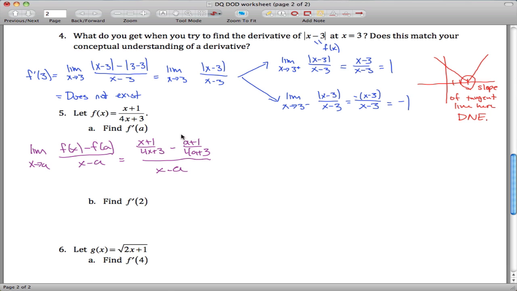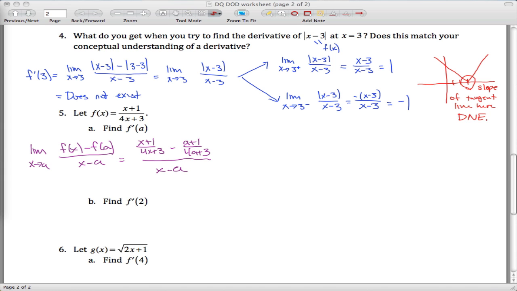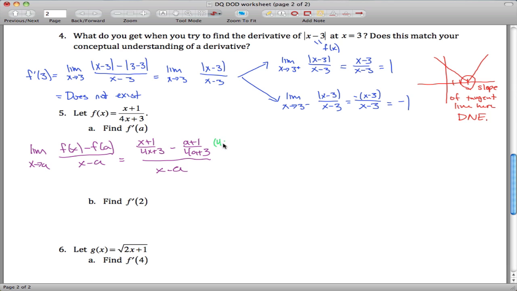All right, I want to be able to make this one fraction. They have different denominators, so I'm going to multiply this side by 4x plus 3 over 4x plus 3, and I'm going to multiply this side by 4a plus 3 over 4a plus 3.